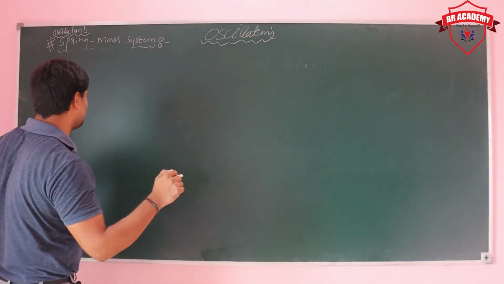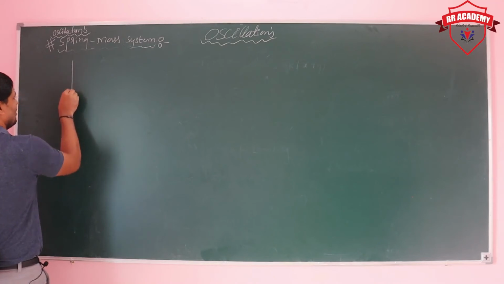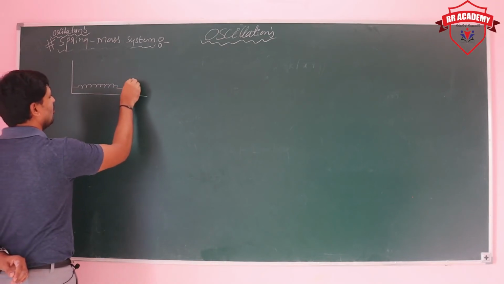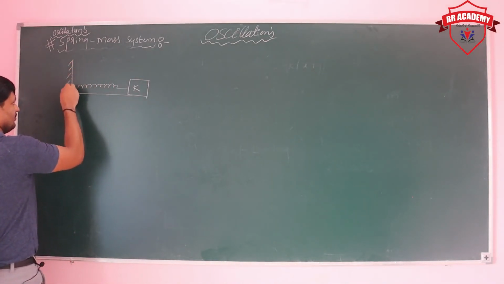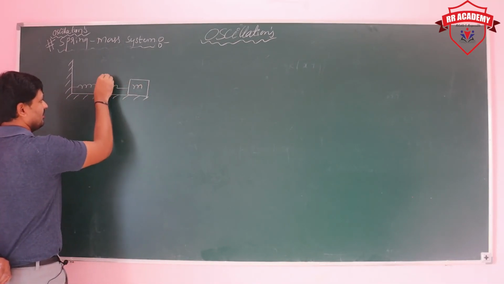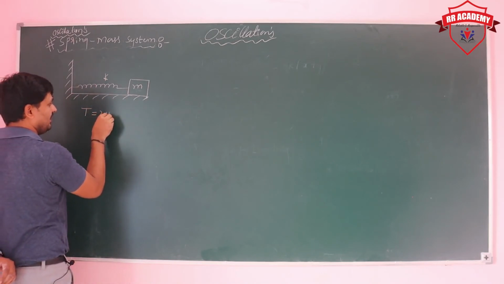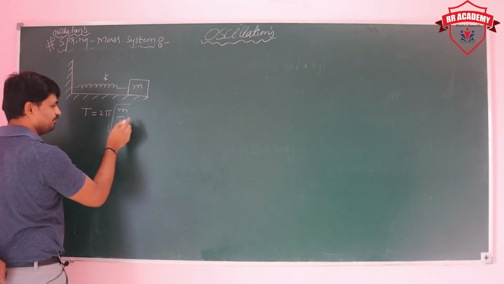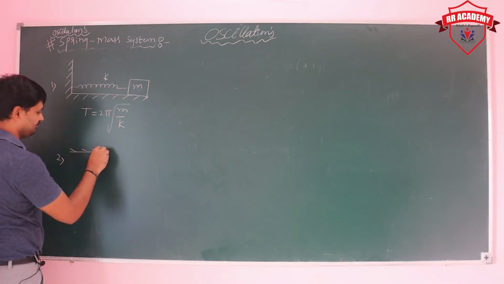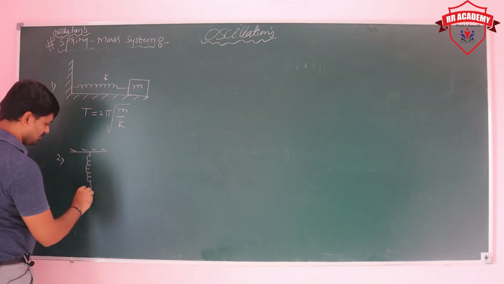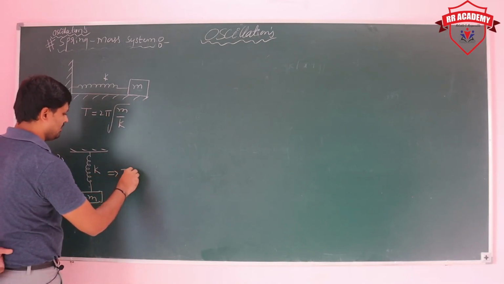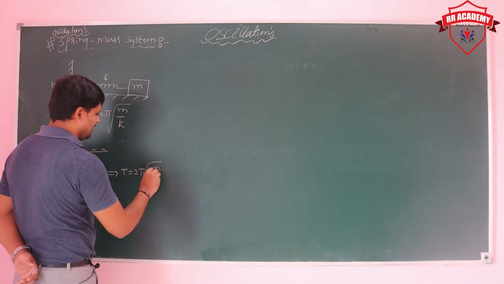Next, the time period of the spring mass system in different cases. First, a spring attached to a mass on a horizontal plane: the time period is 2 pi into under root m by k, no doubt. Second, in a vertical plane, again T is equal to 2 pi into under root m by k.